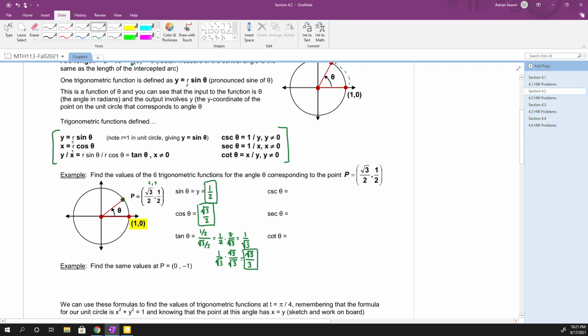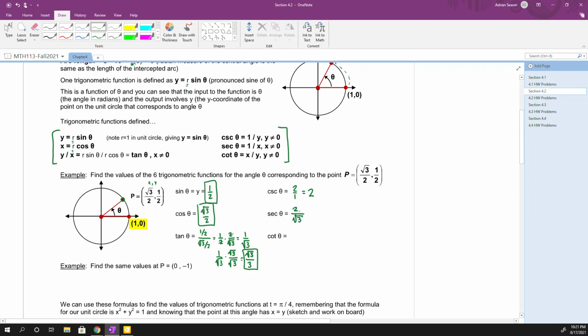Okay, so sine, cosine, tangent. Now the other three, cosecant, secant, and cotangent, we're just going to flip those to get those results. So the reciprocal here, if I take 1 over 1/2, is just 2 over 1 or 2. So as I look at the secant, I'm going to flip my cosine. So I'm going to have 2 over square root of 3.